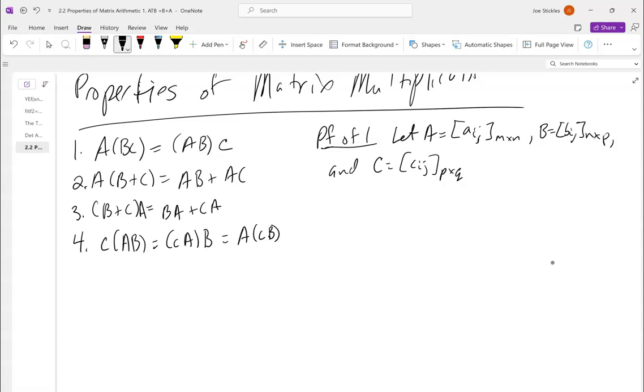Yeah, the B and the C, right? What size will B times C have? N by q, good. Number of rows of the first, which is n. Number of columns of the second, which is q, right?